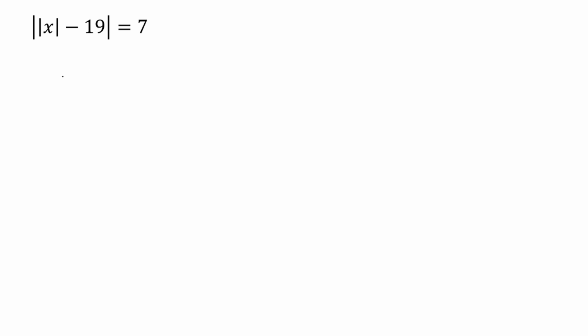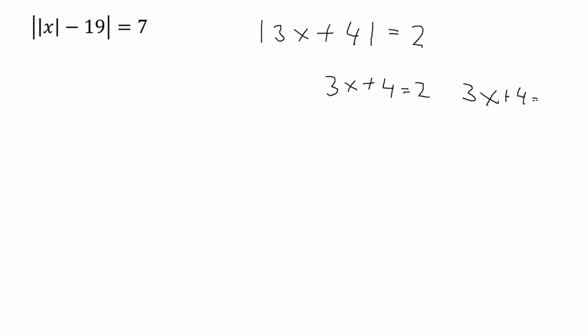What you want to do here is follow the same principle as if you were to solve a normal, for example, 3x plus 4 is equal to, I don't know, 2, doesn't matter now. Essentially you would have 2 equations, one equal to 2, and the same equal to negative 2, because again you're trying to find the distance from 0 which x has on a number line. That would be the geometric explanation.